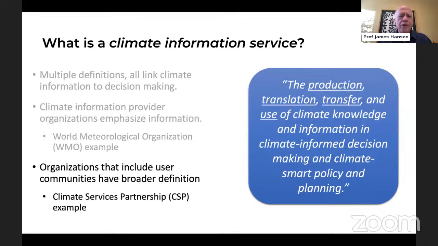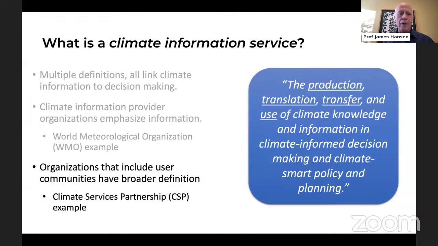On the other hand, organizations that include various climate service user communities tend to define climate services more broadly. So it's no longer very active, but there was a Climate Services Partnership, a professional community of practice that included a very broad range of participants across information provider and user communities internationally.